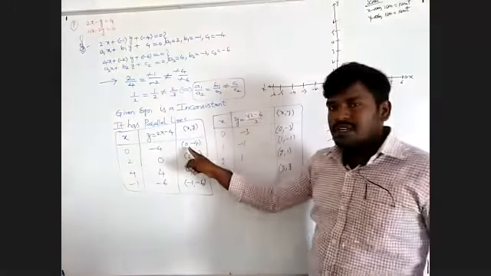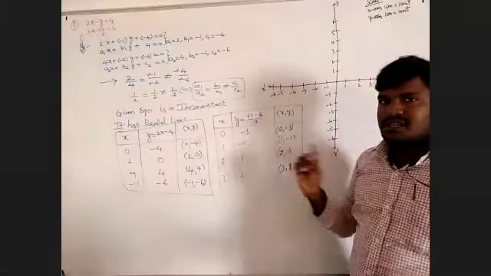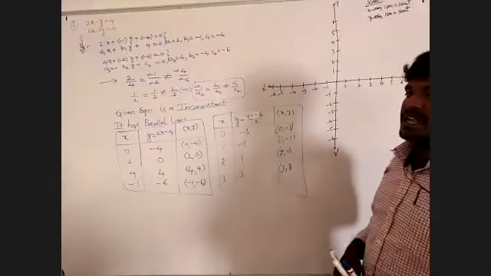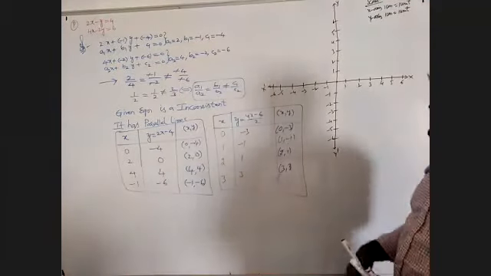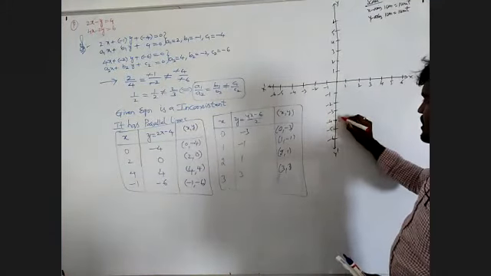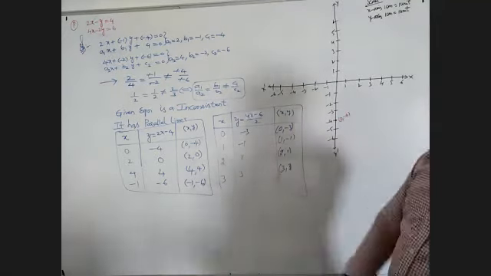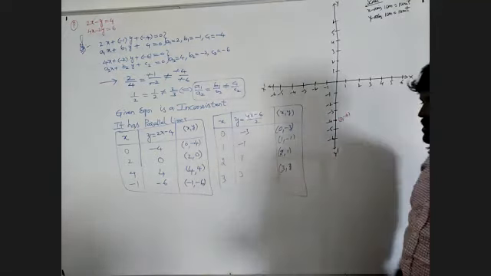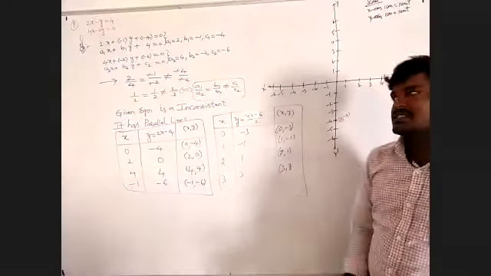First one is 0 comma minus 4. The x value is 0, so it must be on the y-axis. It is minus 4, so it lies on the negative y-axis. This is 0 comma minus 4. After that I have to take 2 comma 0. Here the y value is 0, so it lies on the x-axis.